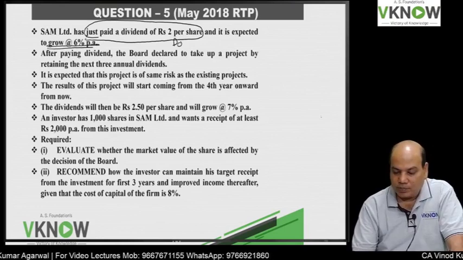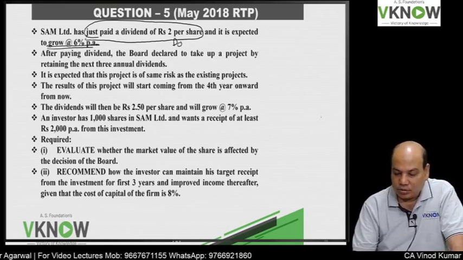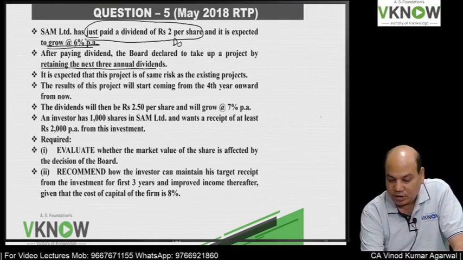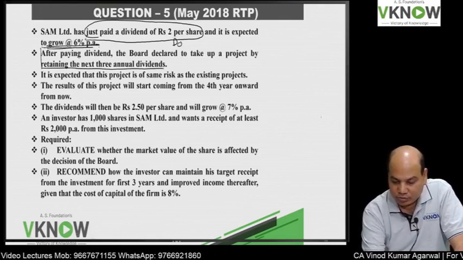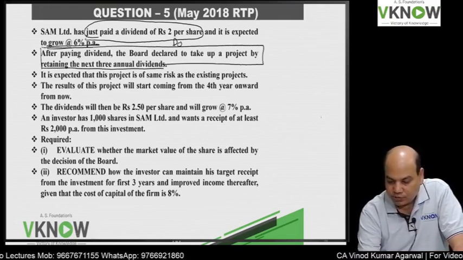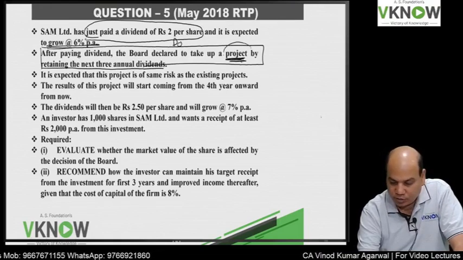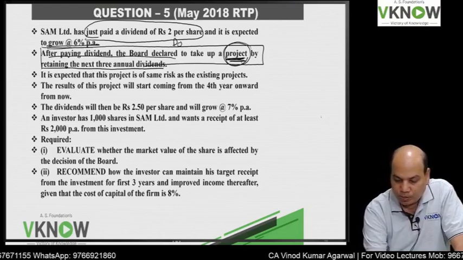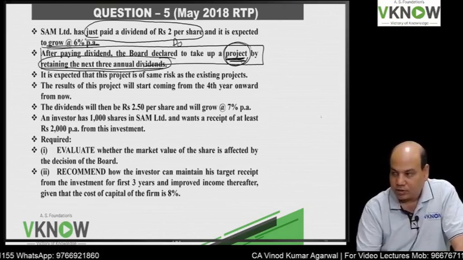After paying dividend, the board declared to take up a project by retaining the next 3 annual dividends. Now what the board is planning, they are planning to undertake a new project, but for this they will need funds, and therefore they are not going to pay the dividend for the next 3 years.